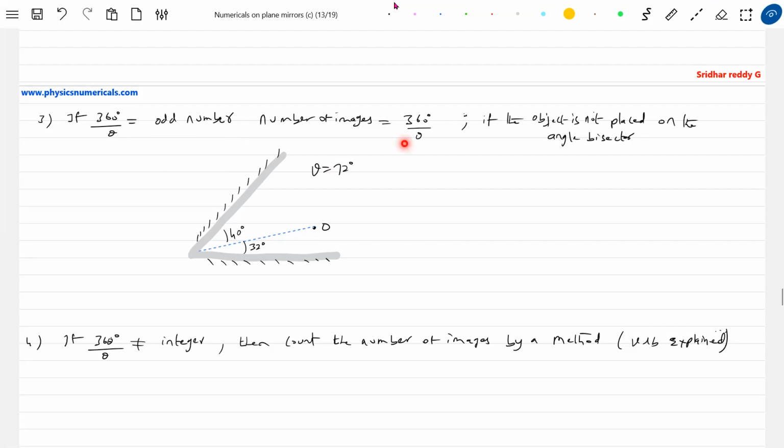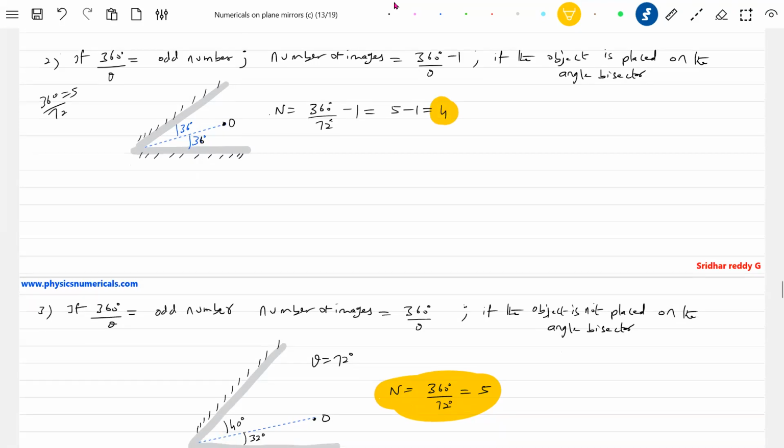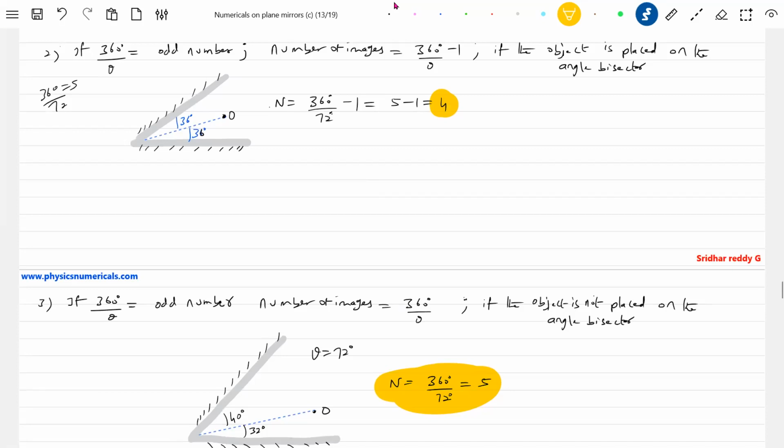Look at the object. The object is not on the angle bisector. The number of images in this case will be, earlier it was 4, look here, and now I'm saying 5. I think I brought both the cases.